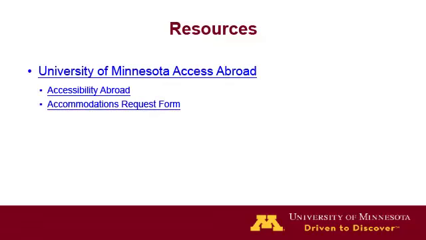The Accommodations Request Form is a key resource to clarify your accommodation needs and confirm overseas program support. You may also have additional accommodation needs during your time abroad. Your Disability Services Advisor should review the form with you and assist you in determining what accommodations are needed.